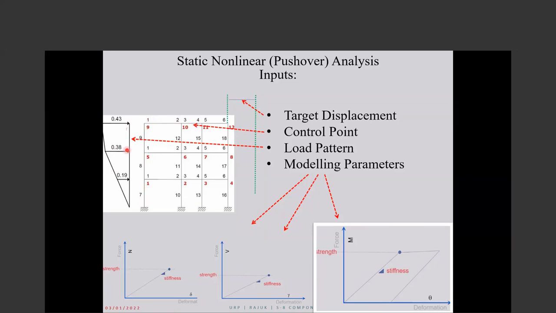So load distribution is very effective on the damage distribution and response distribution. So the code should define as an input what load patterns we should use. We expect our existing code to tell us this, and the modeling parameters.